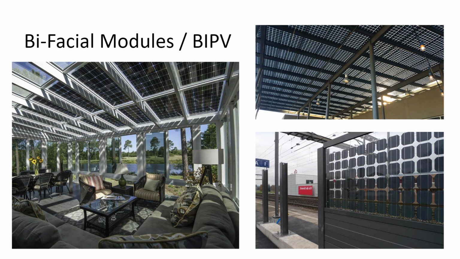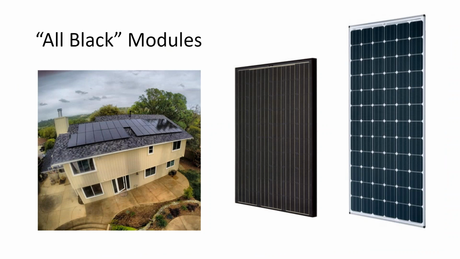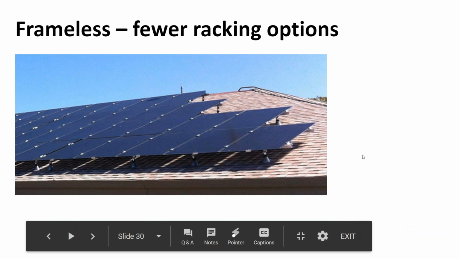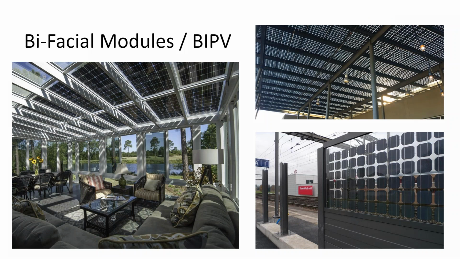These are called bifacial solar panels. Just like the all black panels took what was a white plastic backing and made it a black plastic backing, the bifacial solar panels have a glass backing, and that allows you to see through the panel.